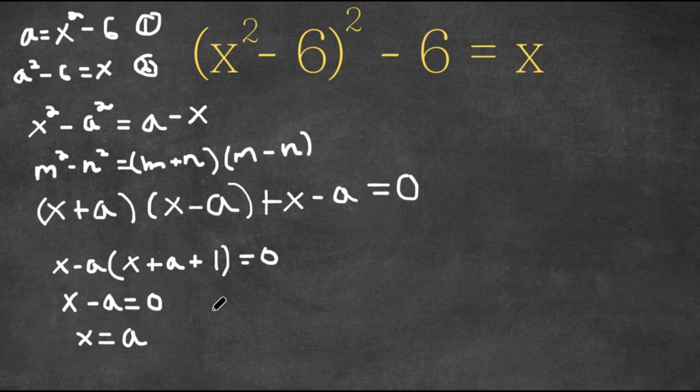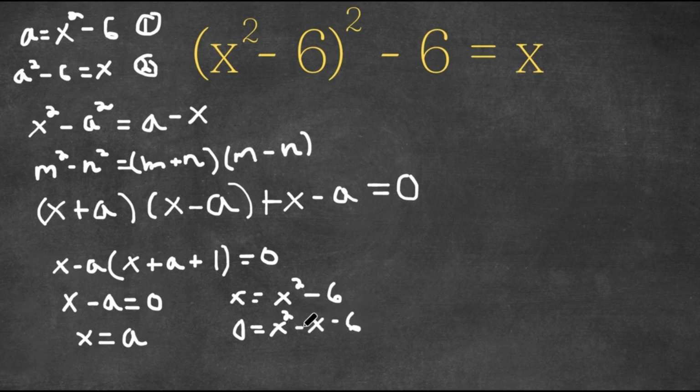And if x is equal to x squared minus 6, because remember, a is equal to x squared minus 6 and x equals a, that means x equals x squared minus 6. If we subtract x on both sides, we get 0 is equal to x squared minus x minus 6.